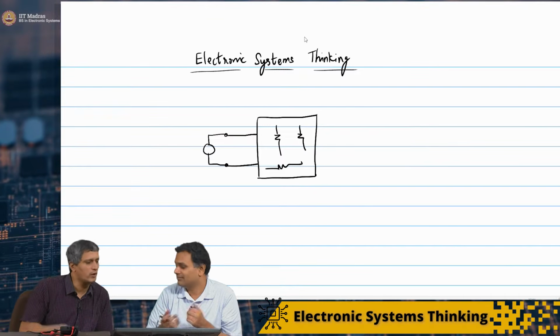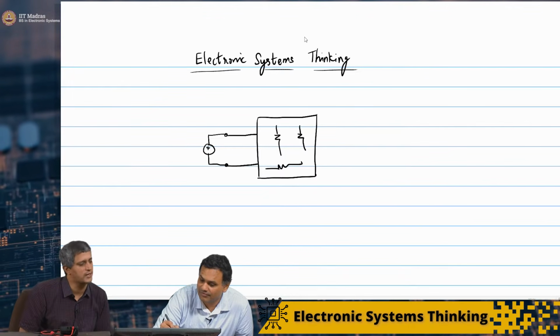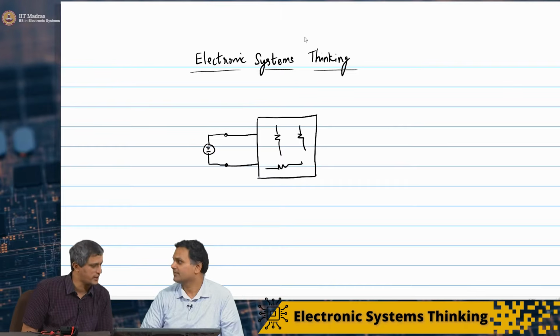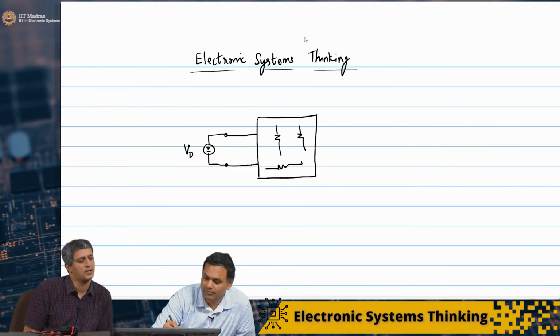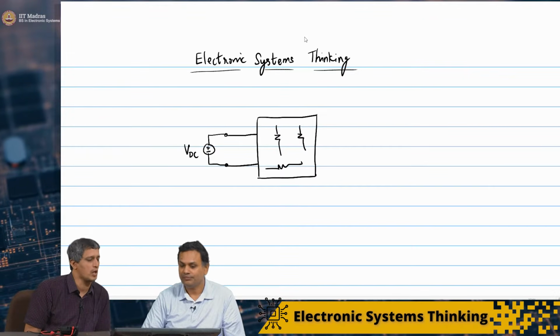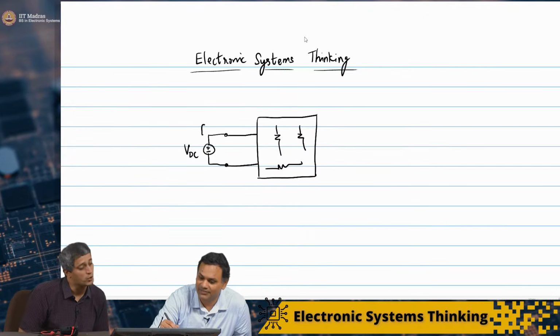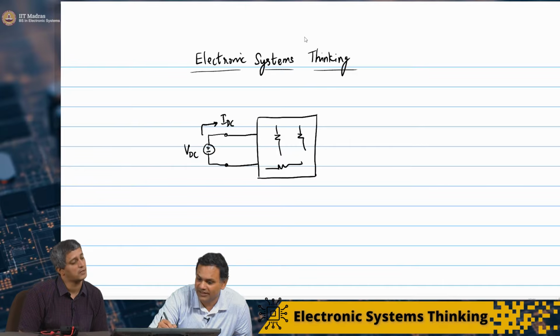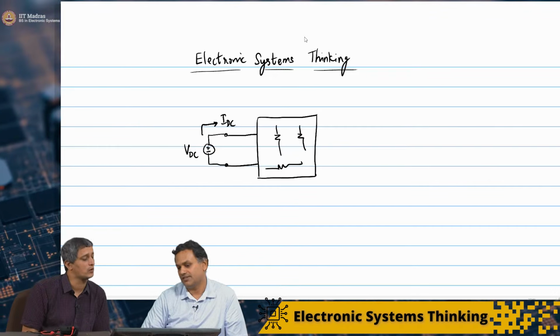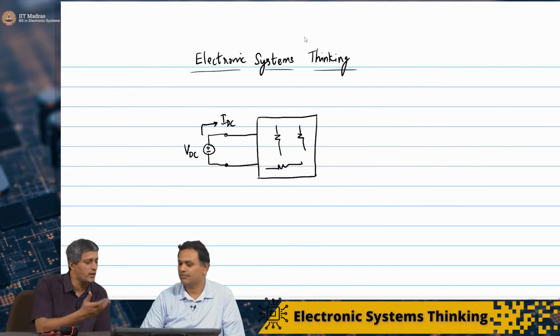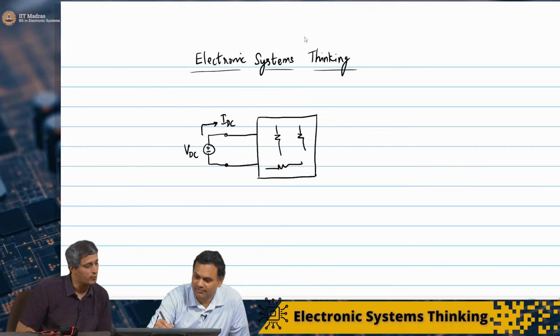So for the purpose of this discussion, let's assume it applies a DC voltage, and you're saying it is able to measure the current that is going into that circuit. That's correct, I'll call it some IDC. So therefore, you're saying the equivalent resistance is given by?